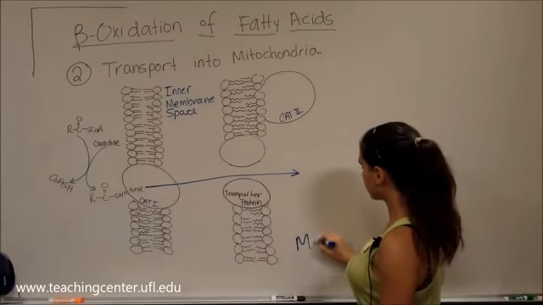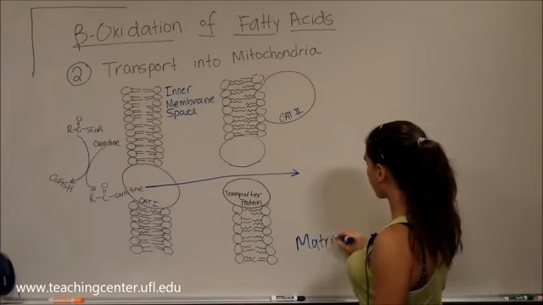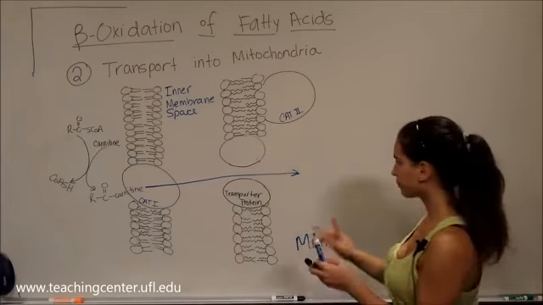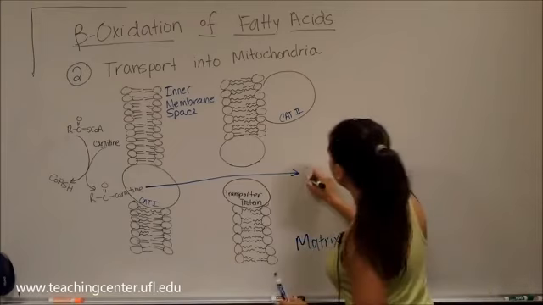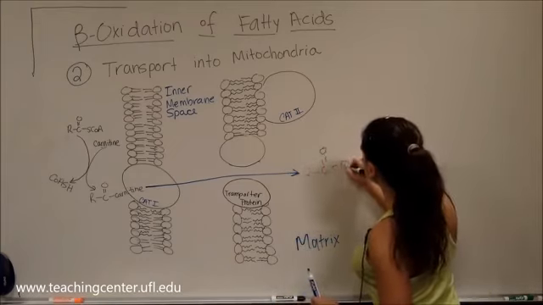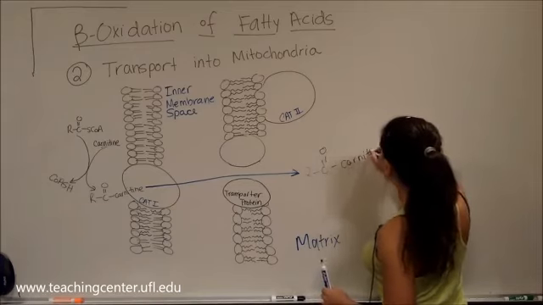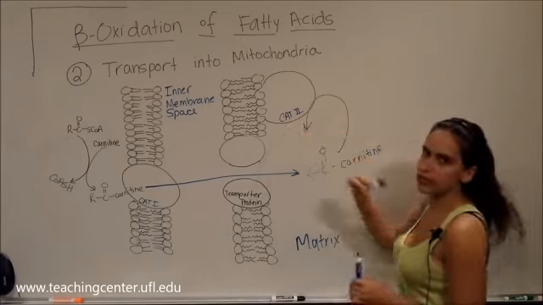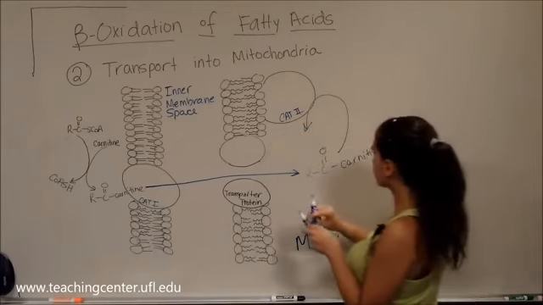This is the matrix. Through these transporter proteins. And then from there, we're going to take off that carnitine by the action of CAT2, which is carnitine acyltransferase 2.